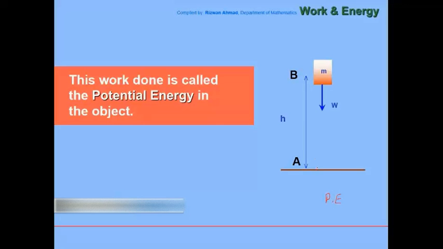But if this object is at the ground and if you release it, it will not move because in mgh, h is 0 when it is here. So at this point h is equal to 0. So what is the potential energy? It will be mgh, so it will be 0.